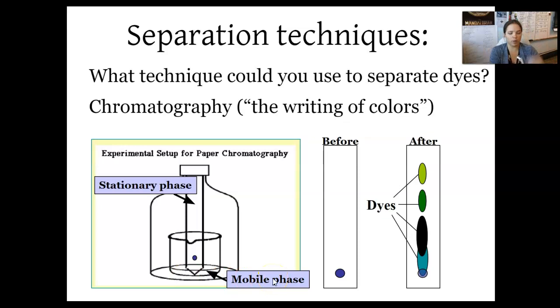And you would put in a filter type paper, and you would put a dot of whatever you're trying to separate above where the water level would touch. And then you would let the water rise, and as the water or the alcohol rises, it will pull the ink or the dyes out and separate them based on their different colors.